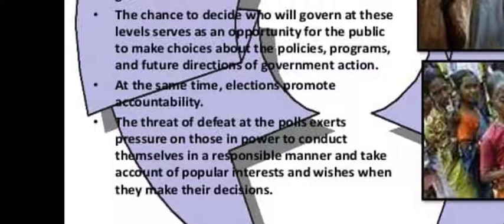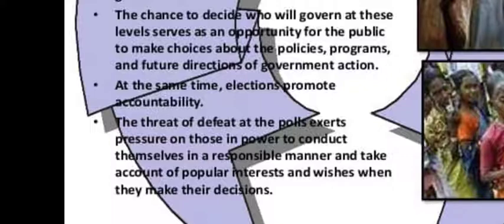If you see the fourth point, children, elections promote accountability. Along with accountability, it creates responsibility of the leaders also. Children, see the panic of political parties, means how after every 5 years they are afraid.